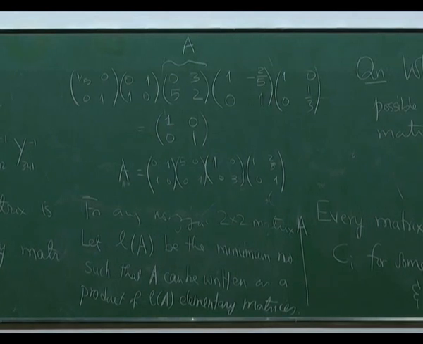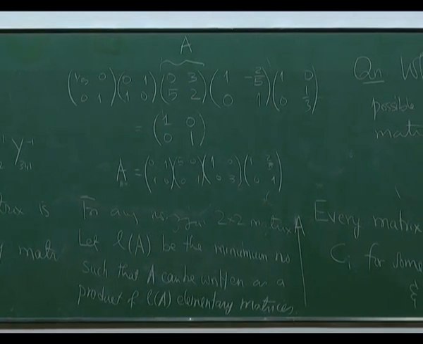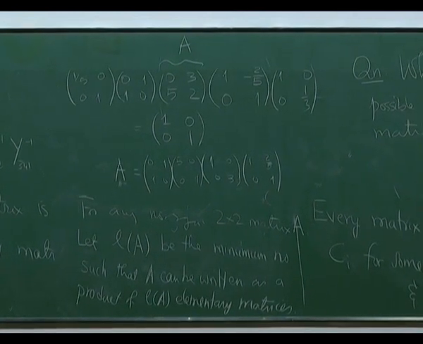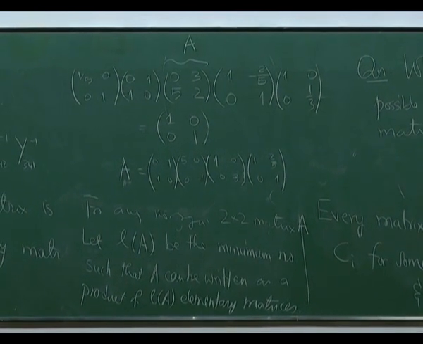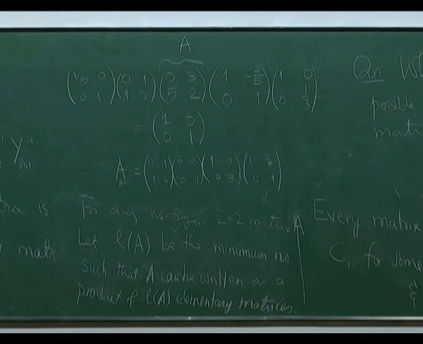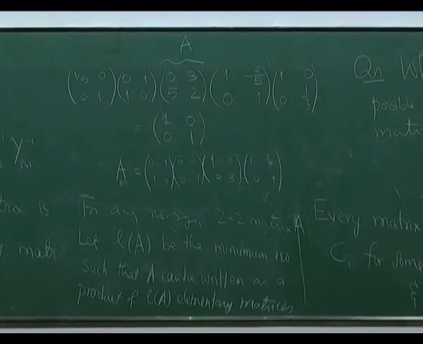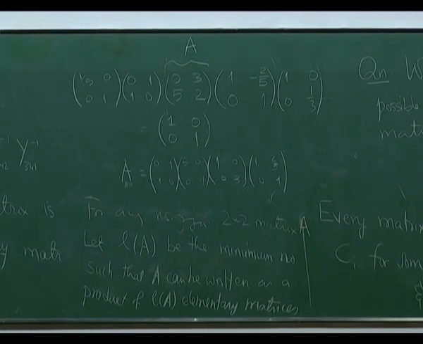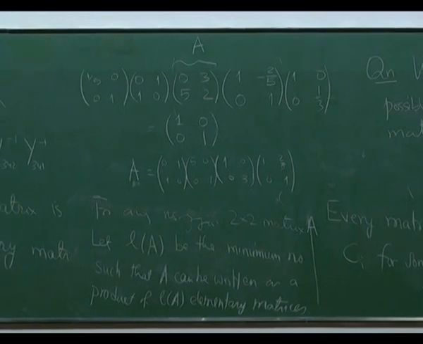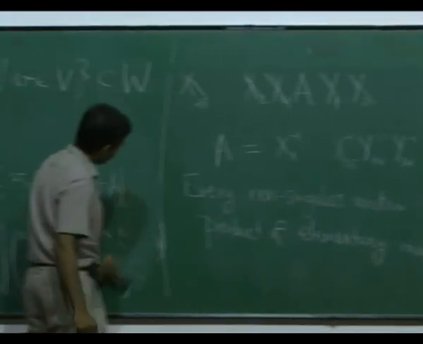do next time. What we did is we allowed ourselves to change the basis of V and the basis of W independently. That means we chose some new basis for V and we chose some other new basis for W. Now, let us look at linear transformations from a vector space V to itself.